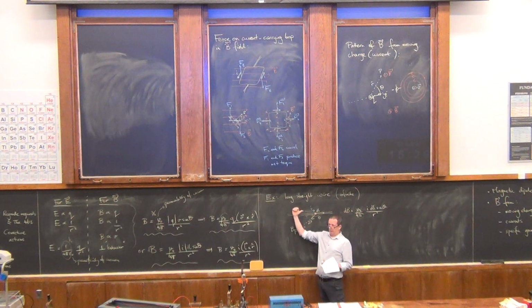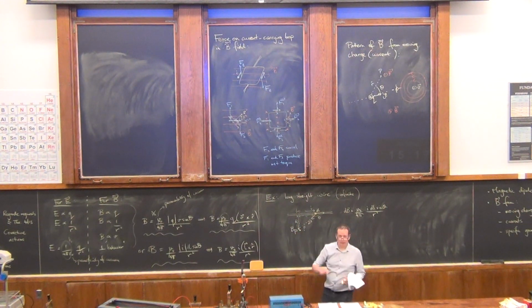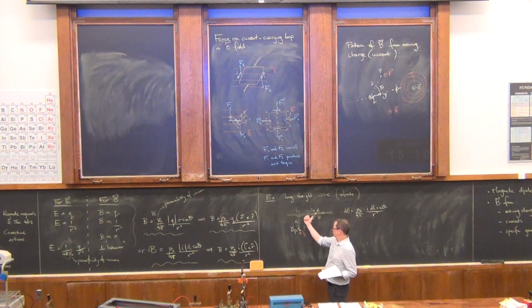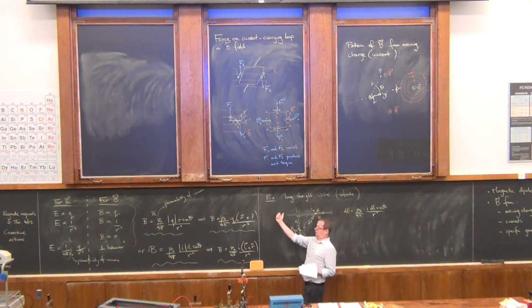So I've always got my current going from left to right, that's the direction of my thumb. This is at a point which is in the plane here, but directly below it. So the magnetic field is always into the plane of the board at this point. We need to get used to doing these sorts of quick calculations of the direction of the B field. And it's true whether I'm up here, it still contributes to the B field going into the plane of the board, or over here.